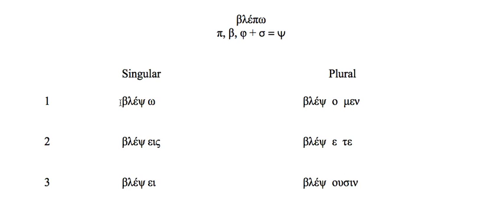So pronouncing, we have blepso, blepses, blepse, blepsomen, blepsete, blepsusin. Translating, we have I will see, you will see, he, she, or it will see, we will see, you will see, and they will see.